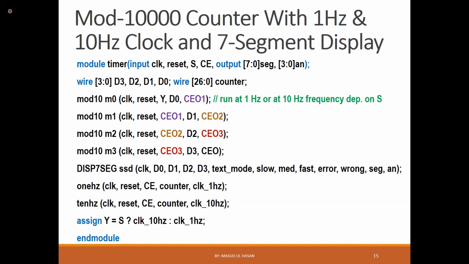Don't disturb your own bindings. Just at the end copy paste all these contents of the 7-segment UCF file. It will work. So there are different ways, but the main aim is what? You must have all the connection bindings for the 7-segment display and all your bindings of your own inputs and outputs.